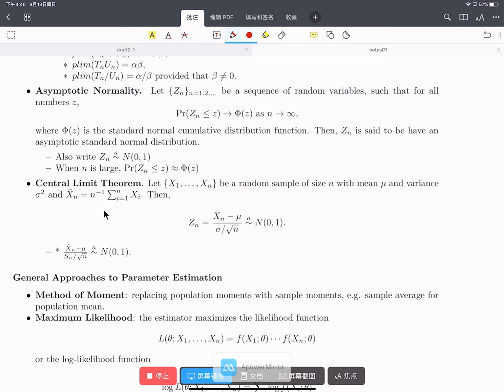If n equals 1, you have a sample with one observation, and the sample average is x1. If you have two observations, x1 and x2, then the sample average will be x1 plus x2 divided by 2, for example.